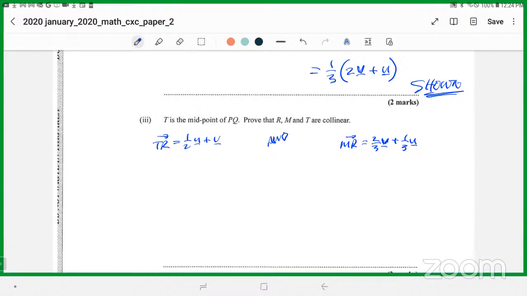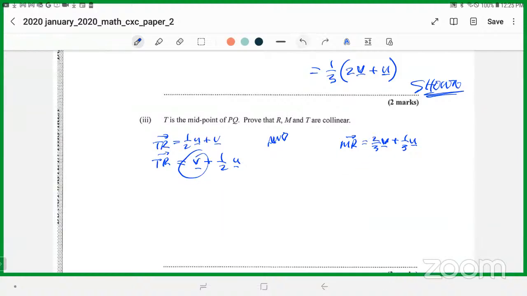The only difference is that this one has the V first and this one has the U first. I can just switch around one of them. So TR is the same as V plus half U. I'll switch them around so the components appear in the same order.